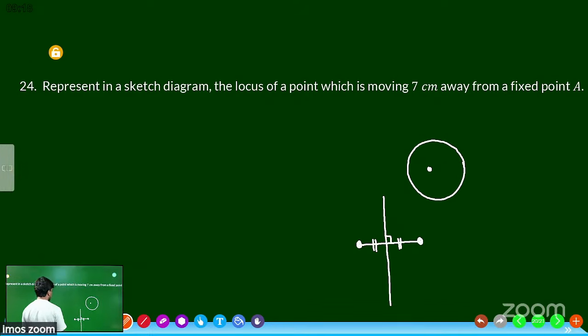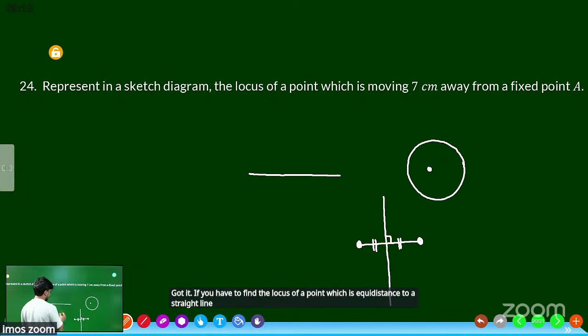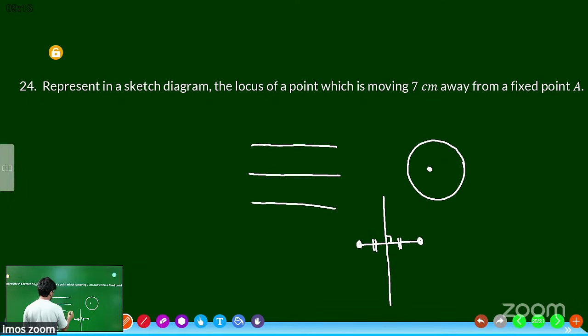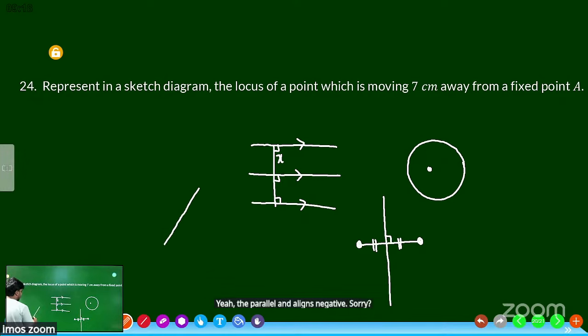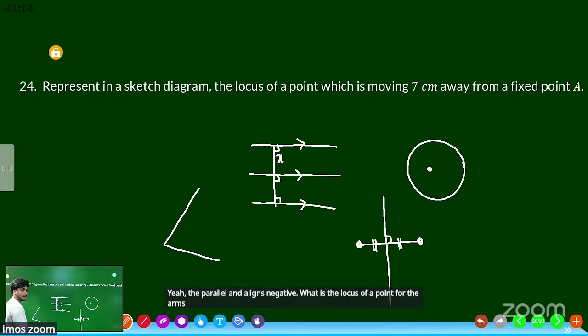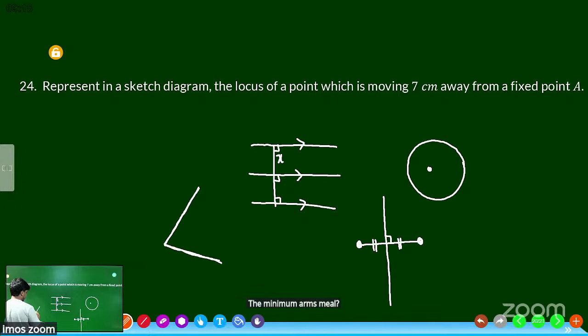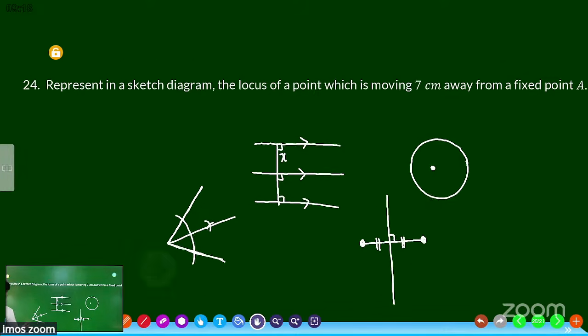The locus of a point at a distance x from a straight line is parallel lines. The locus of a point equidistant from the two arms of an angle is the angle bisector.